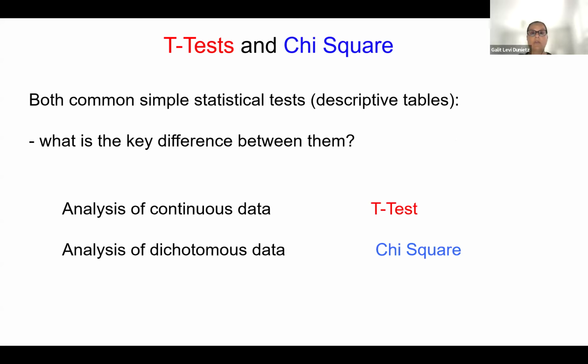The descriptive tables are usually table 1 and 2 that provide differences in demographics or other key risk factors. The difference between them is that t-test is used when we are dealing with continuous data, and chi-square is used when we look at dichotomous data, and I will explain soon what I'm talking about.